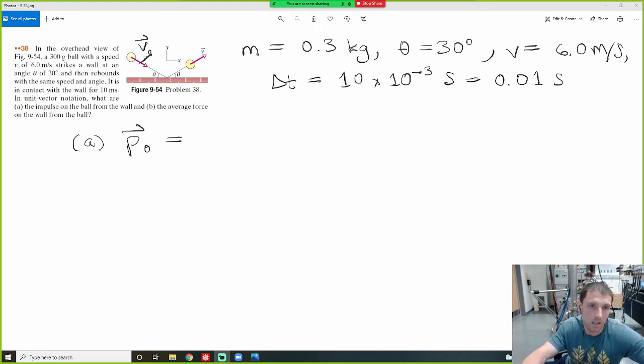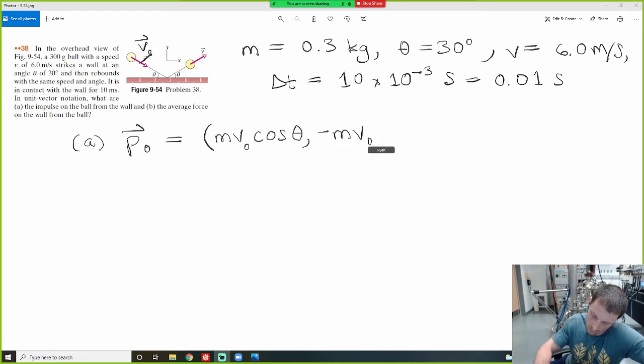So looking at this, I think we can see that if we use the x and y directions that they specify, the x component of the initial momentum is positive, right? And that's just given by m v naught cosine theta, but the y component is negative, and that is going to be negative m v naught sine theta.